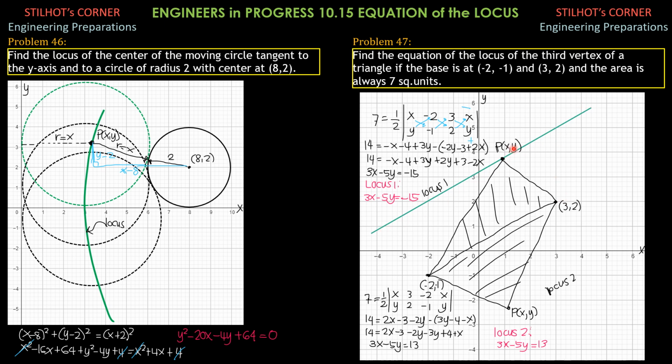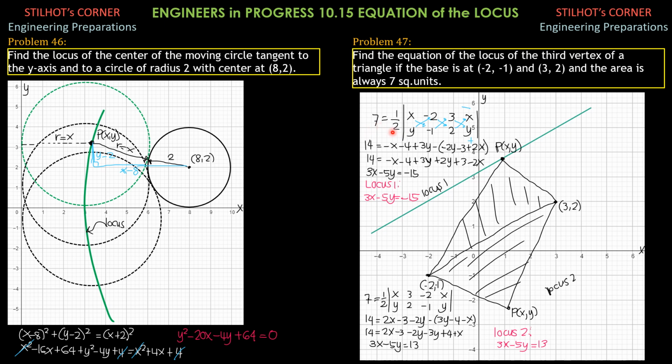By area of polygons by coordinates, the area, which is 7, is equal to 1/2. And remember, the points should be arranged in counterclockwise direction to make the area positive. So (x, y) first, then (-2, -1), then (3, 2), then back to the initial point, which is (x, y).